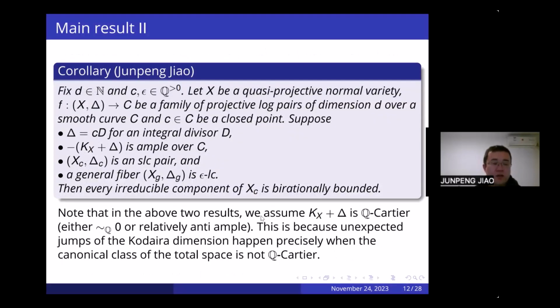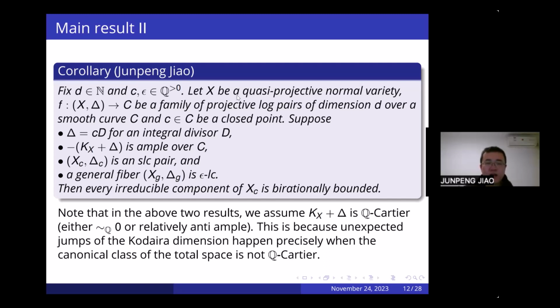So with this, we have the corollary. The main theorem is about the polarized log Calabi fibration. The corollary is about Fano fibration. So again, we fix the dimension d, and we fix the coefficient set C, and epsilon be a positive rational number.